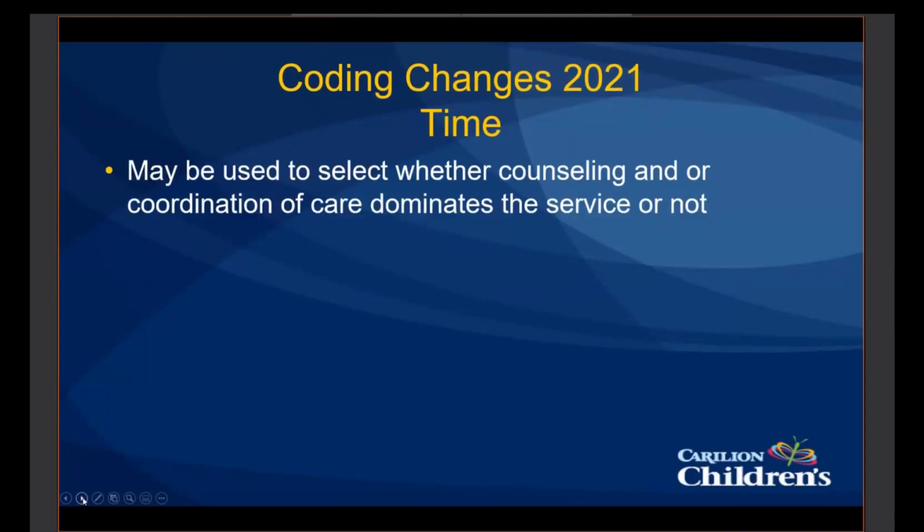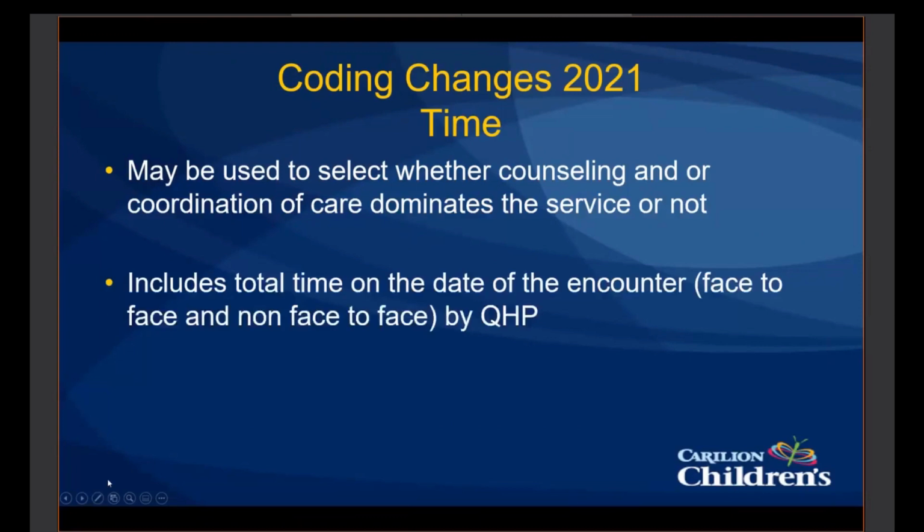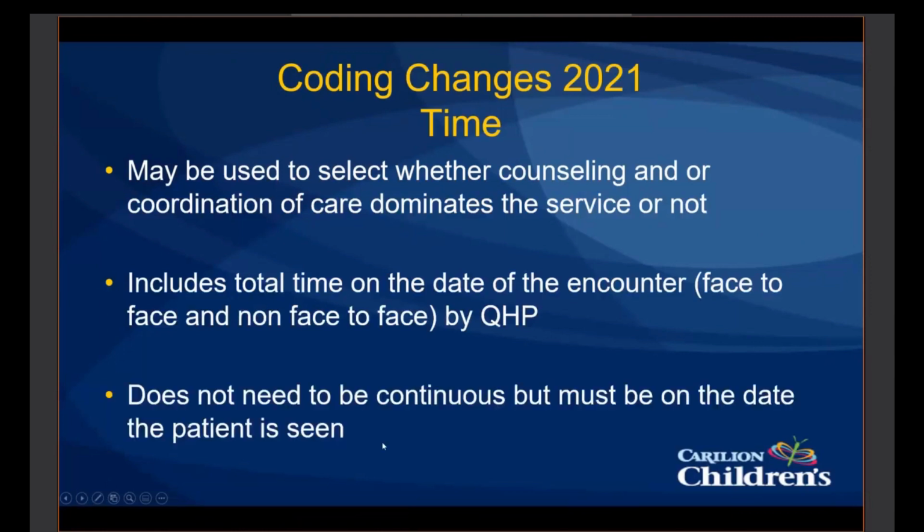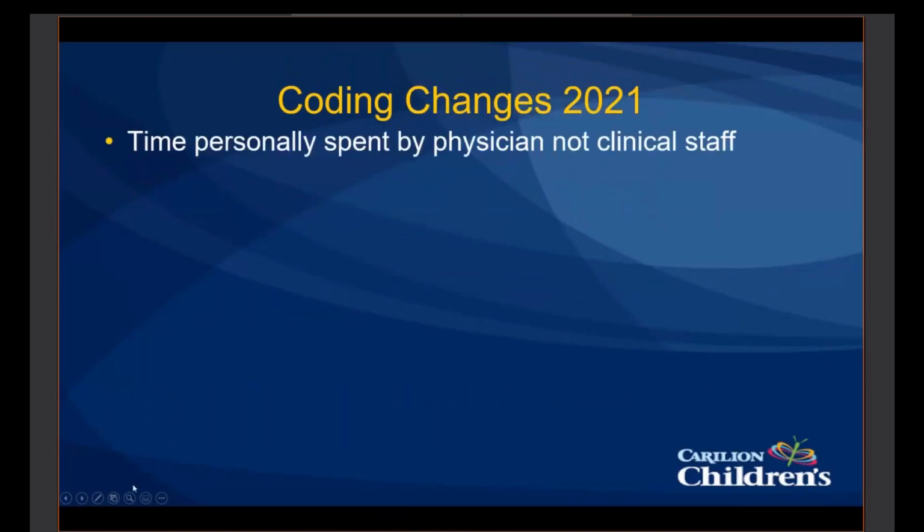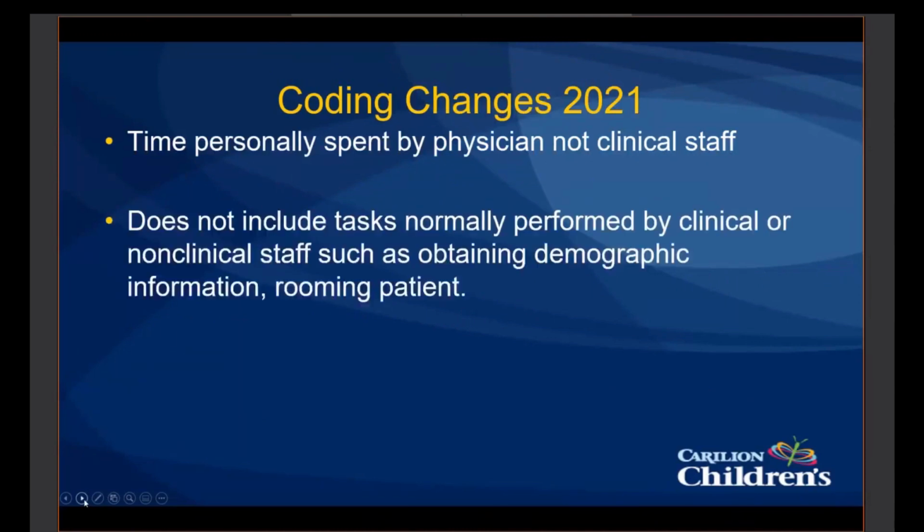It includes reviewing test results, consultation reports, other patient information. This is different from data. This is the time that you are spending to review all. Of course, getting a history, doing the physical exam, documenting the clinical information in the record, and then independently interpreting results and communicating with the parent, family.